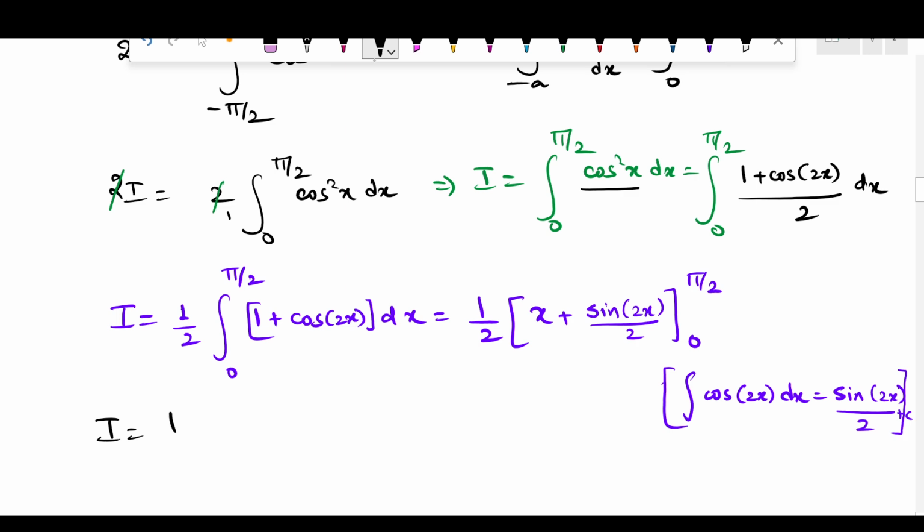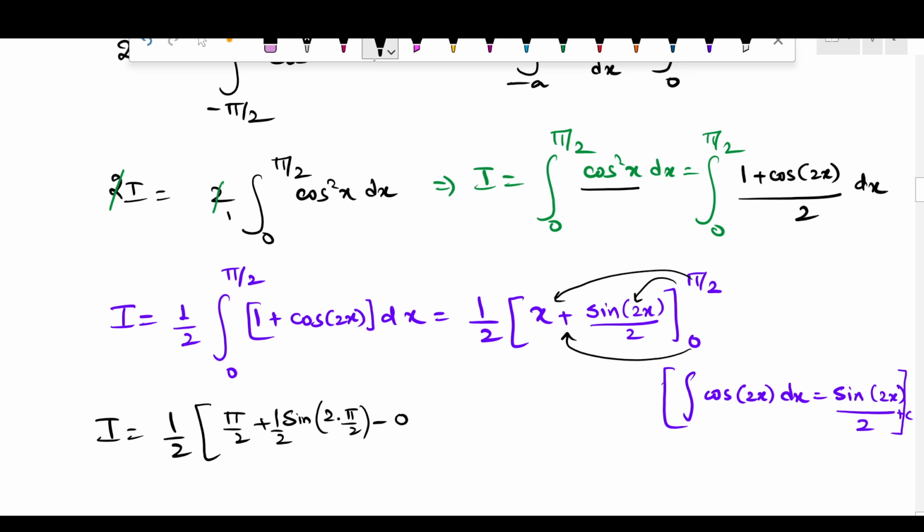Let us solve finally. Put the upper limit in both the places. This will be pi by 2 plus half of sin 2 into pi by 2, minus, put the lower limit, 0 plus sin 0, which is 0.